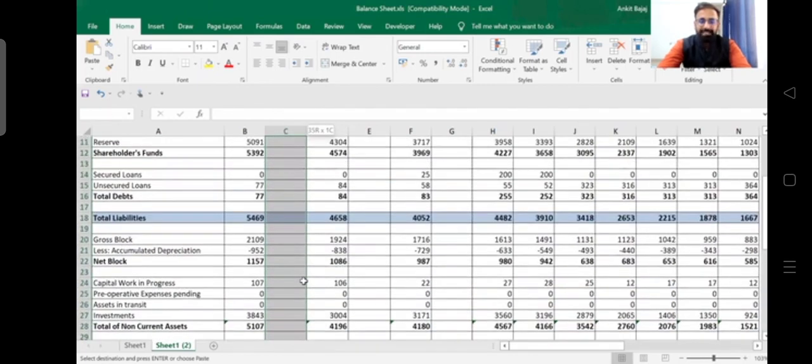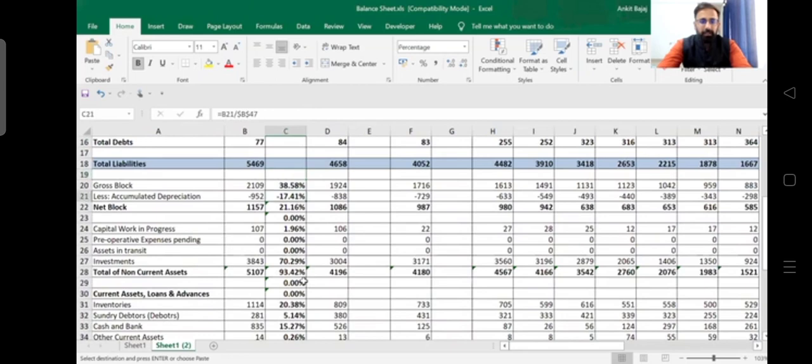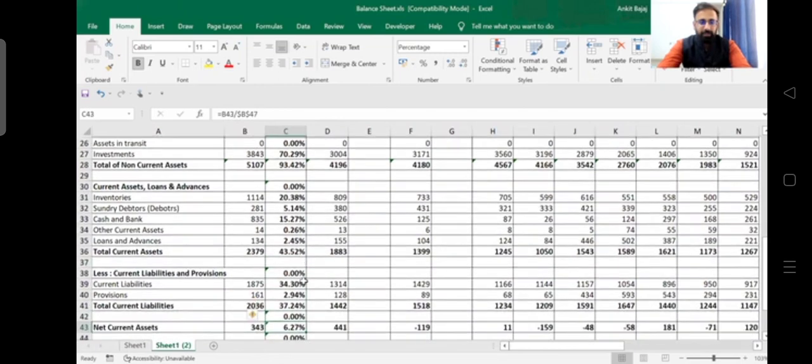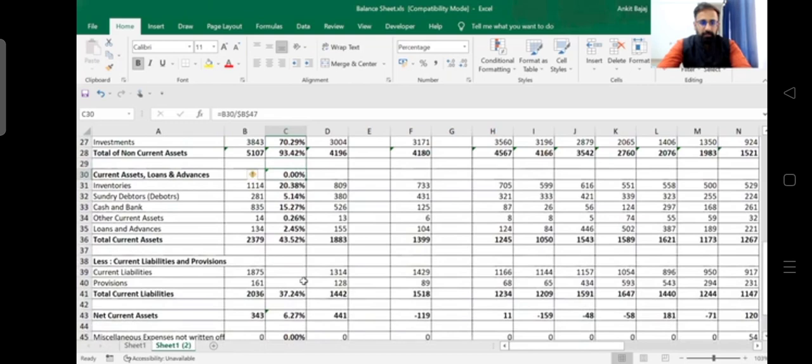I have to keep these values on the asset side only, and I won't be taking them to liabilities. So I will remove the values where there should be none. Simply, I have tried to calculate the value of assets, so I will remove these values which are not required.